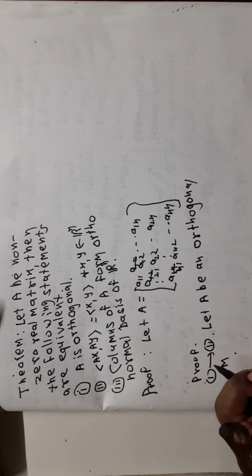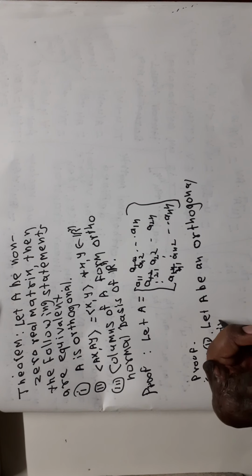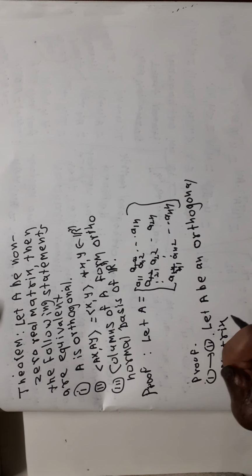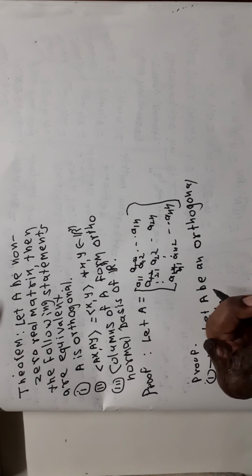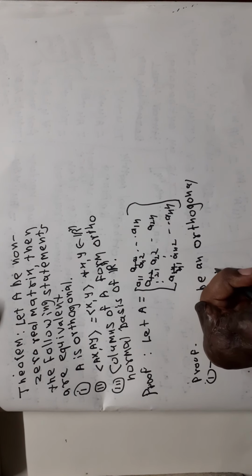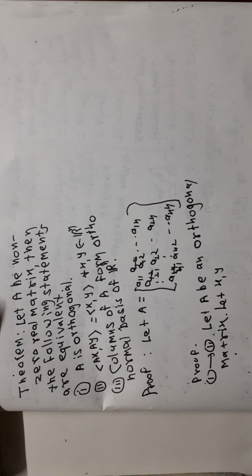Let A be an orthogonal matrix. Now here let x and y be column vectors of order n by 1. Let x, y belong to Rn.